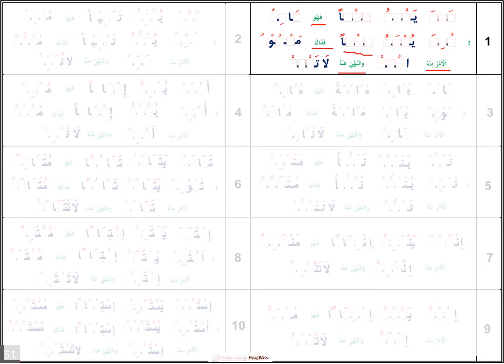So let's look at ضرب. ضرب, he hit. يضرب, he is hitting. ضربا, hitting, فهو ضارب, so he is the hitter. وضرب, he was hit. يضرب, he is being hit. ضربا, hitting, فذاك مضروب, thus he is the one that is being hit. الأمر منه, the command of it is اضرب, you one male hit, والنهي عنه, and the prohibition is you one male don't hit.